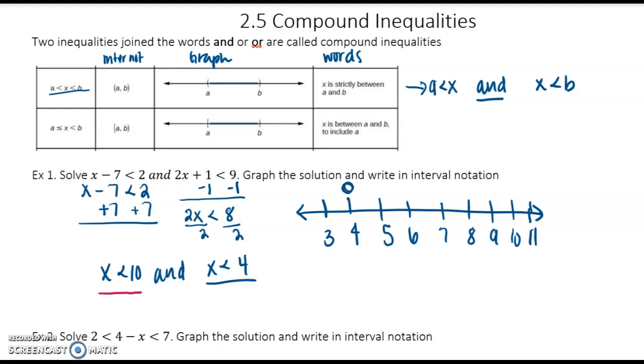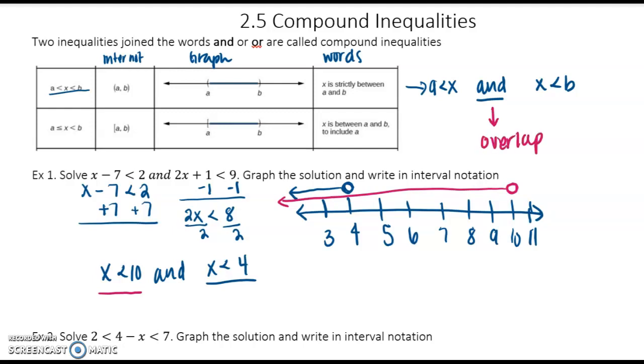You're going to have an open circle on top of 4, and it says x is less than 4, so that goes this way. Then I'm going to graph the other one in red, so that says an open circle at 10, and it says x is less than 10, so it also goes this way.